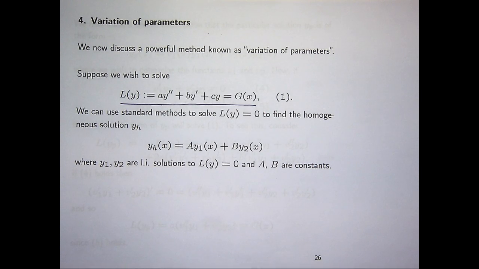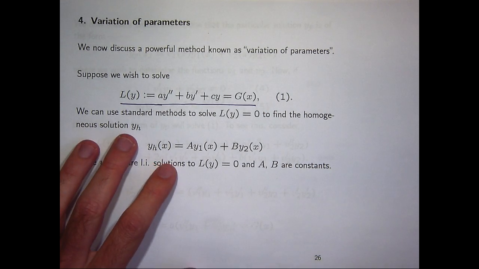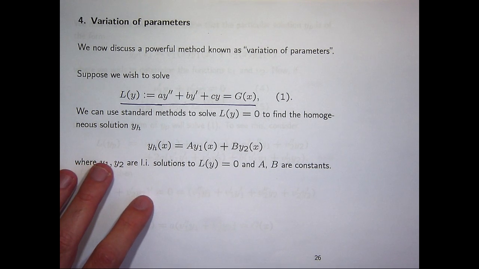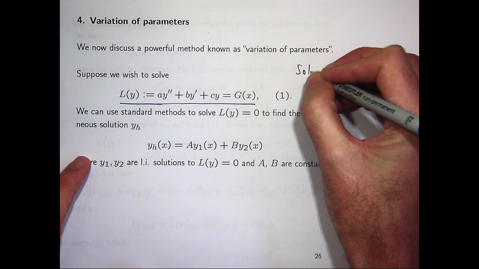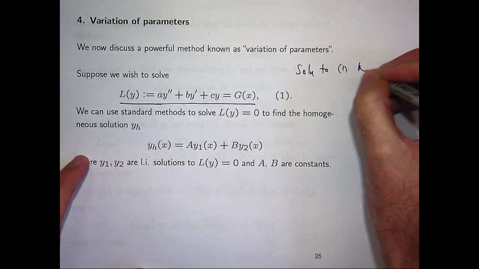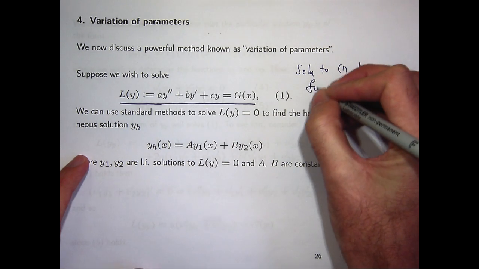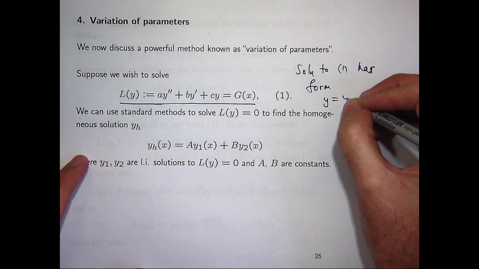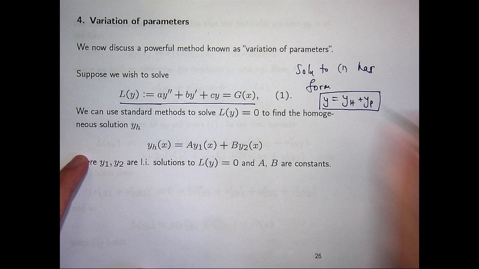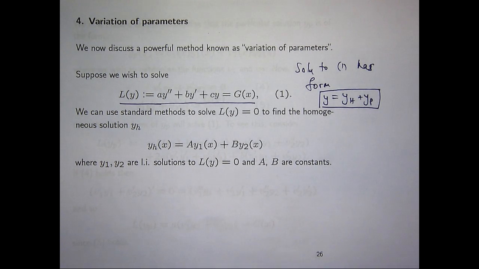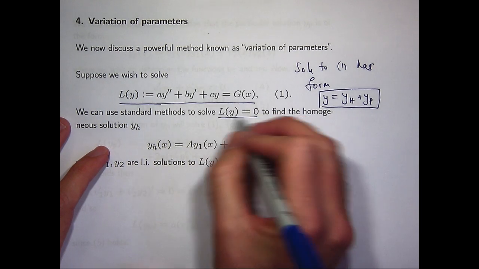Well, we know that the solution has a special form. We talked about this before. It has this form y equals y sub h plus y sub p, where y sub h is a solution, or I guess the general solution, to the homogeneous problem.